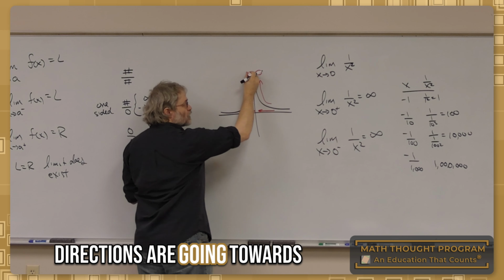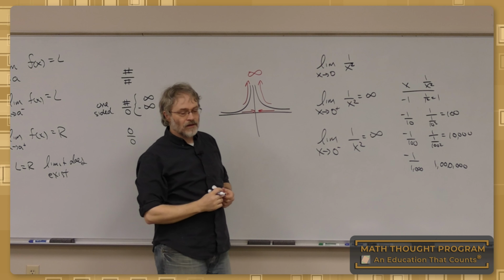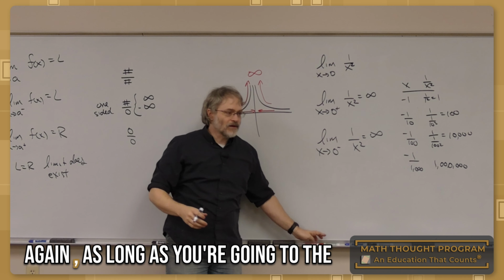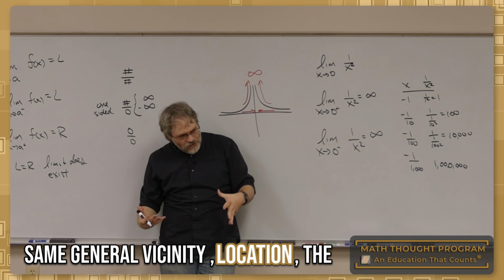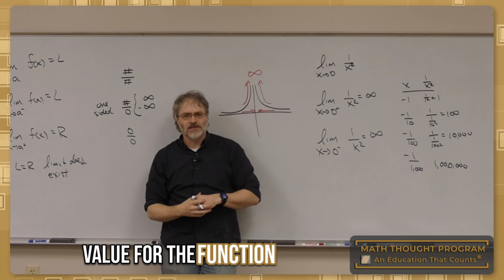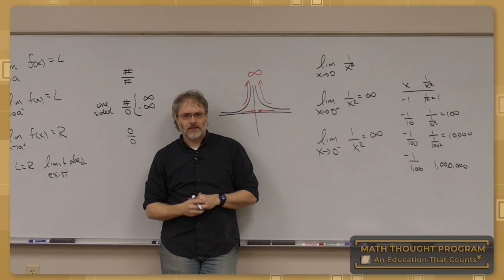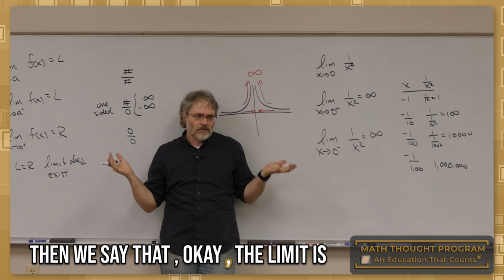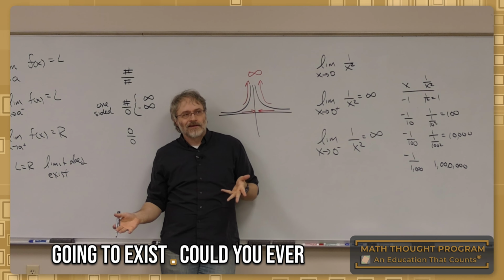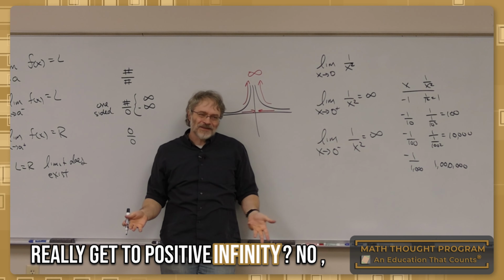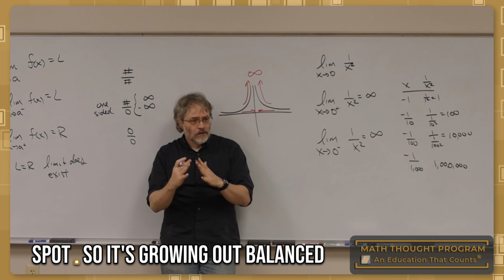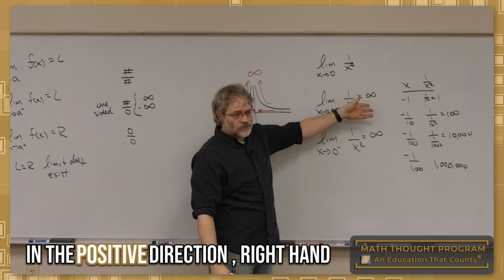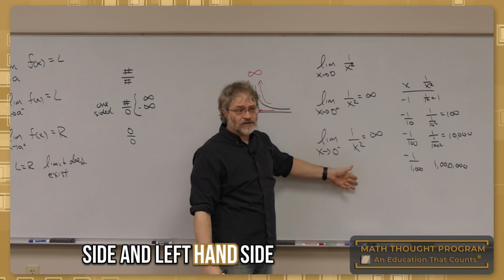Both directions are going towards positive infinity. Again, as long as you're going to the same general vicinity, location, the value for the function, then we say that, okay, the limit's going to exist. Could you ever really get to positive infinity? No, but you're going to the exact same spot. So it's growing without bounds in the positive direction, right-hand side and left-hand side.